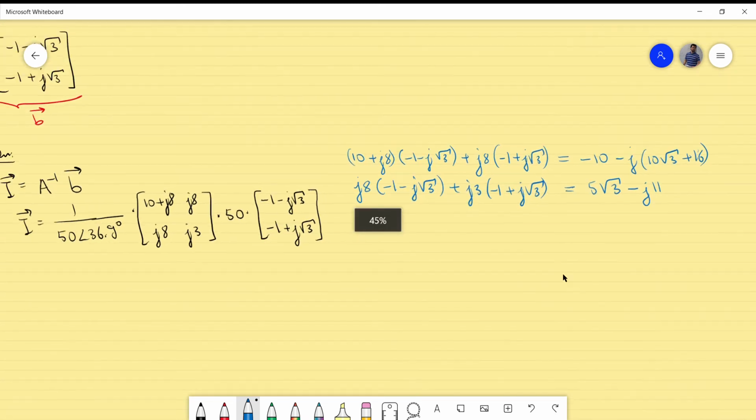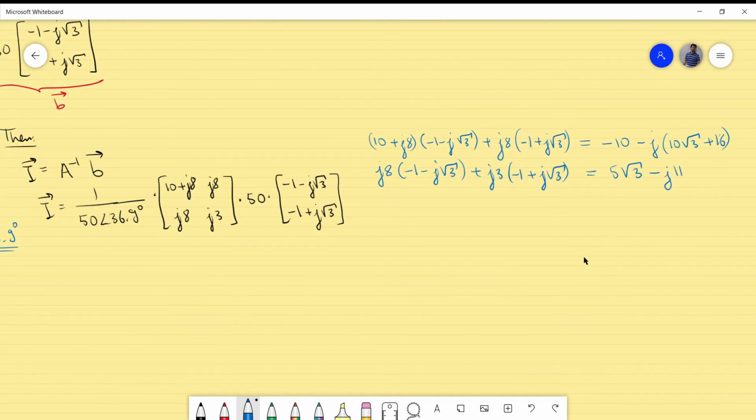So if I zoom out a little bit, what do I have? I have the vector I will be 1 over 1 phase 36.9 degrees, because this 50 and this 50 made a 1 here, so I will leave that.